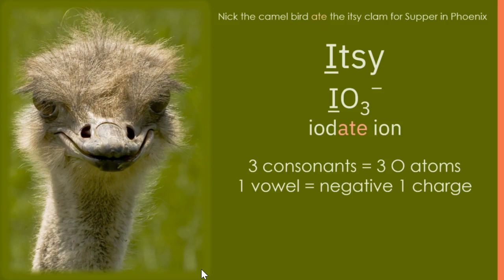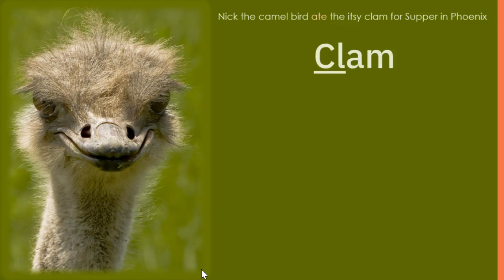Itsy has 3 consonants, 3 oxygen atoms, 1 vowel, a -1 charge. Iodate has a counterpart, iodite, same charge, same formula, except for 1 fewer oxygen atom.